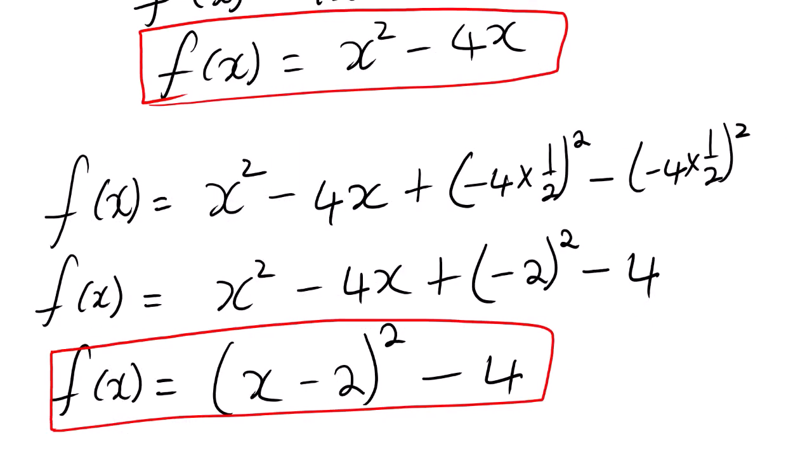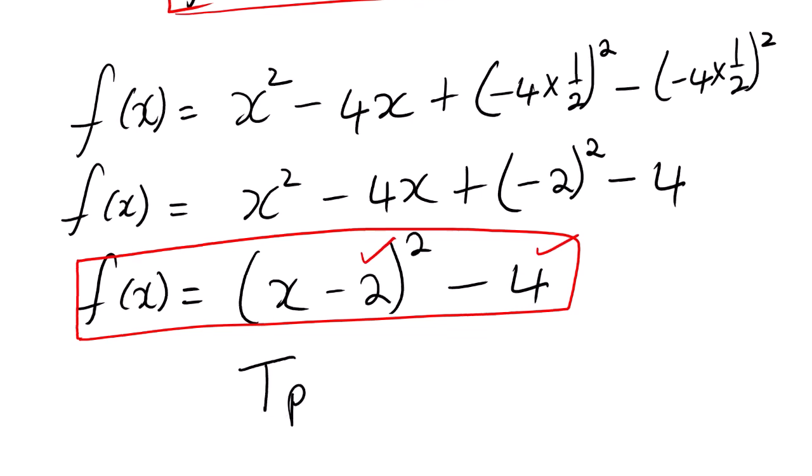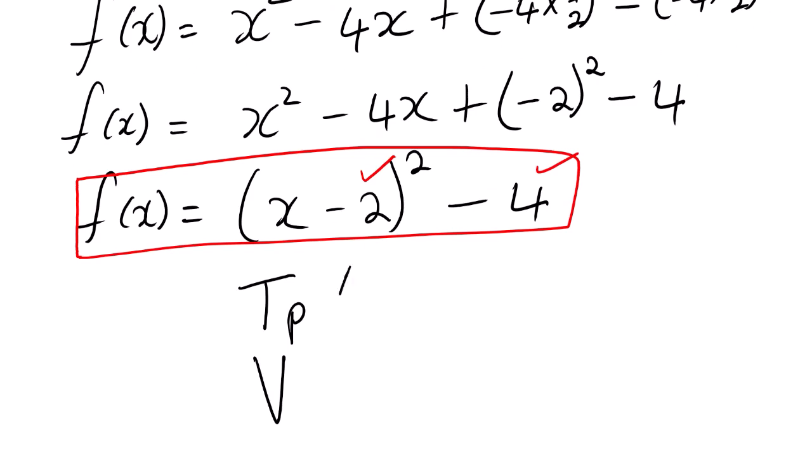So the vertex is the turning point, or some say it's the axis of symmetry. The vertex of the parabola is simply these terms. So we can say the turning point or the vertex is actually 2 maps to -4.